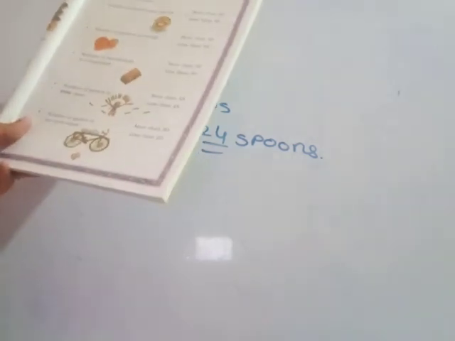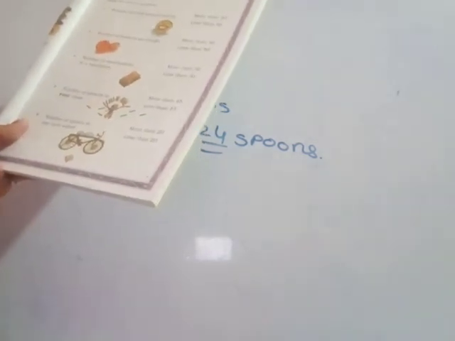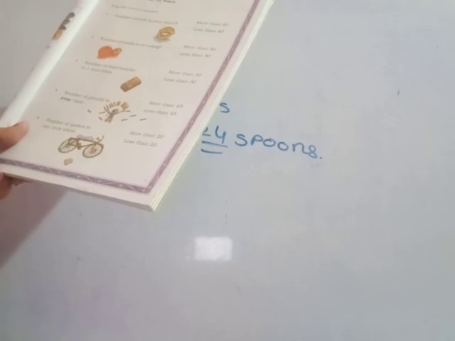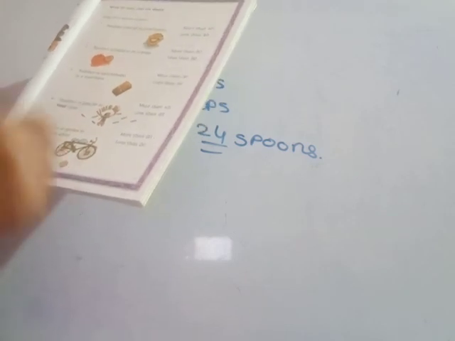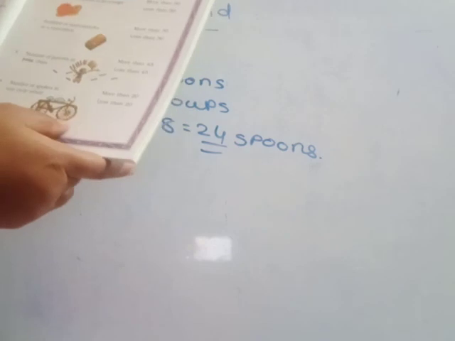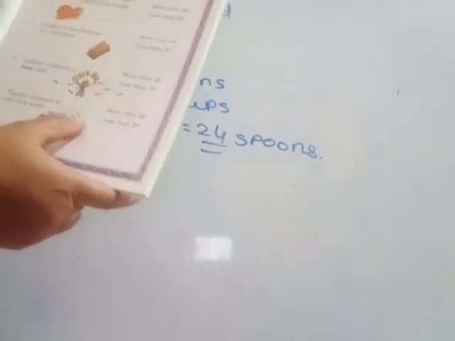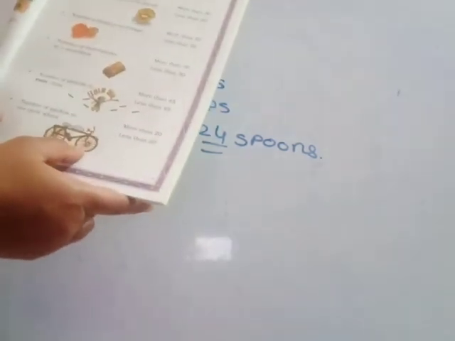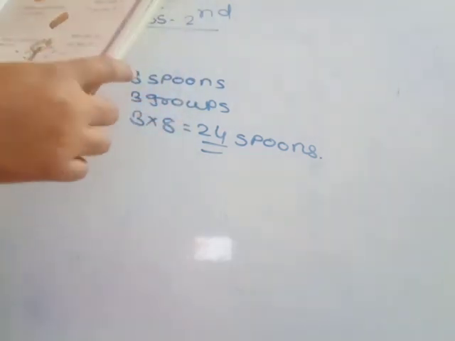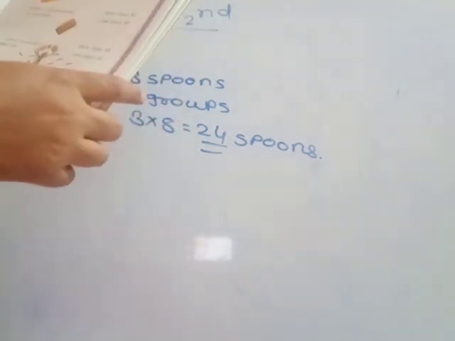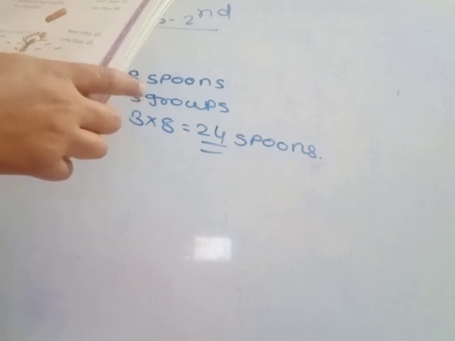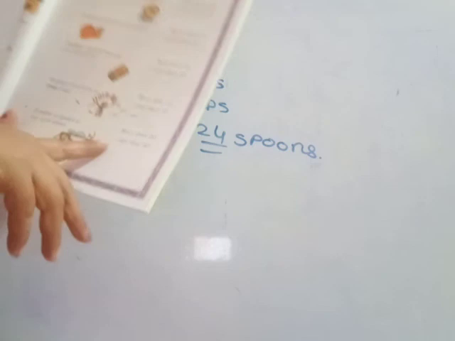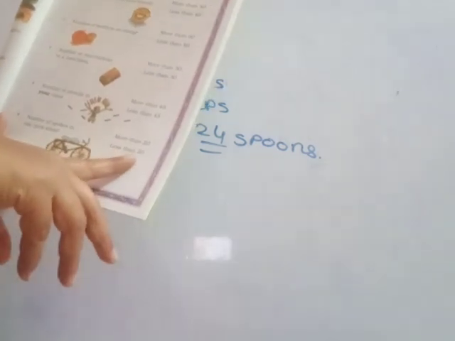Next one, number of spokes in one cycle wheel. How many in one cycle wheel? This first wheel you see, how many spokes are there? 1 2 3 4 5 6 7 8 9 10 11 12 13 14 15. 15 means more than 20 or less than 20?